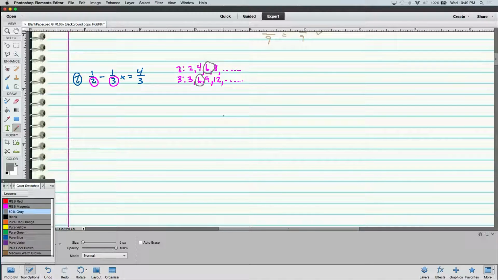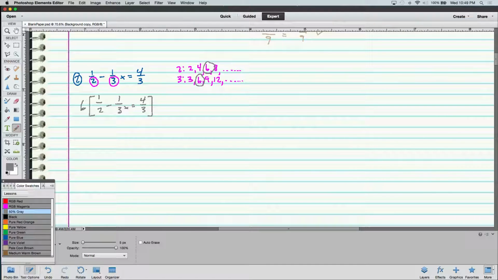So we're going to want to multiply the entire equation by 6. So 6 times 1/2 minus 1/3 x equals 4/3.